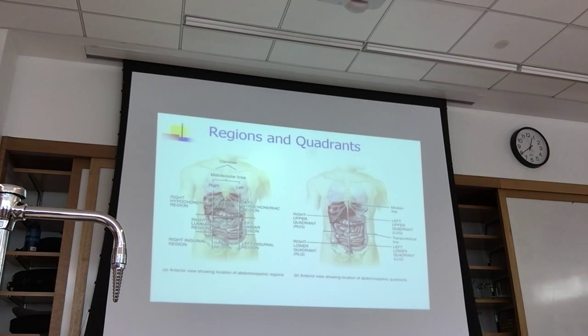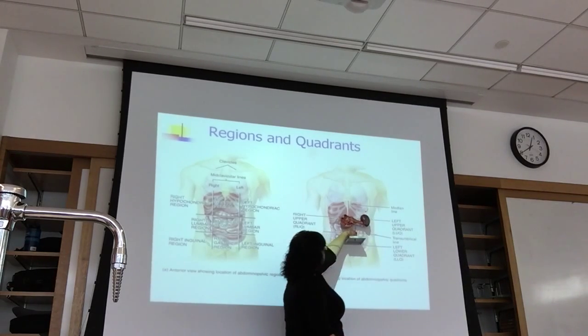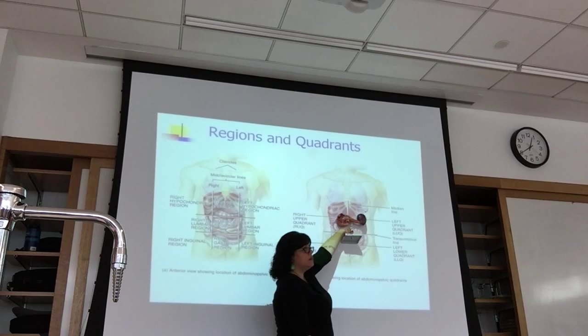I think it's easier to show you with the other model because you can see it a little better. So this is the model that we have of the pancreas. This is all the pancreas, and this is the duodenum, this part here. If I was to put this where it really should go on this figure, it would be right here, like that.